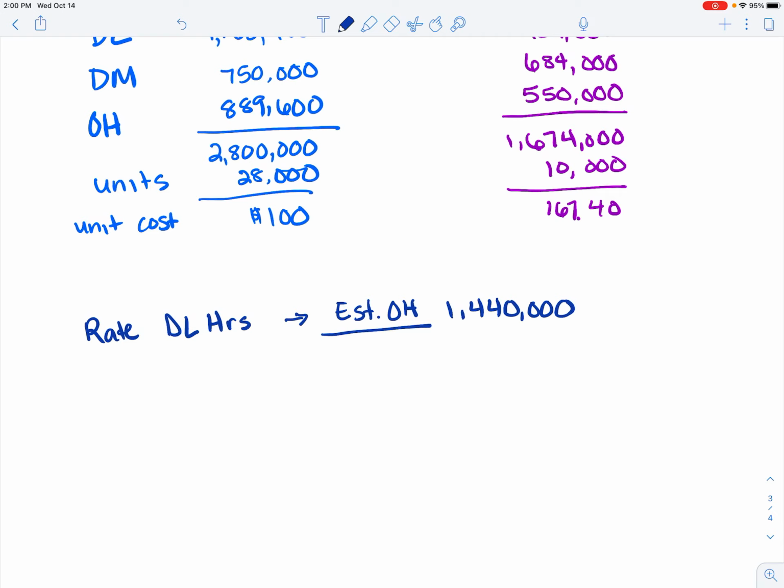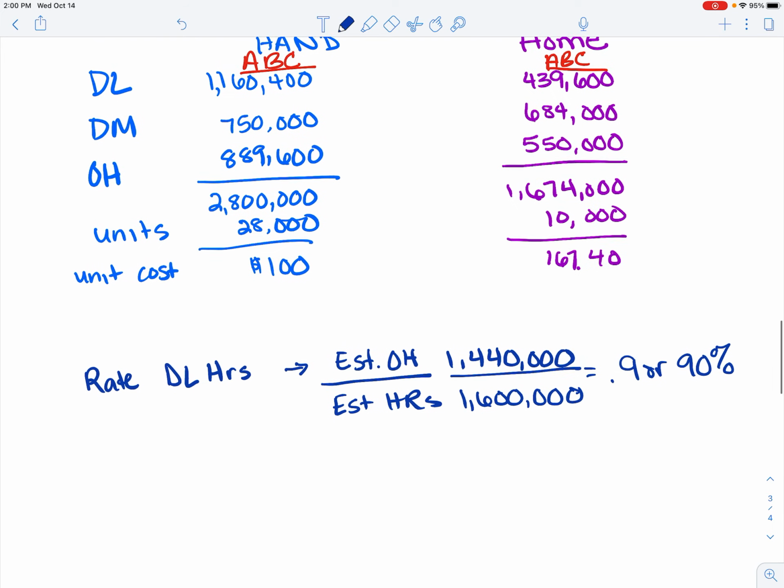But the allocation base is our estimated hours, which was 1.6, which would give me a rate of 0.9 or 90%. Now I would go back and I'm going to have to apply my 90% of direct labor to our product costs.